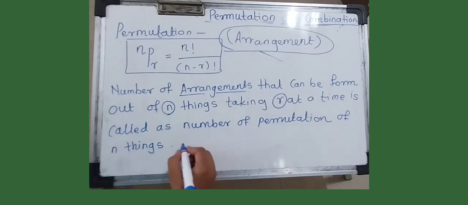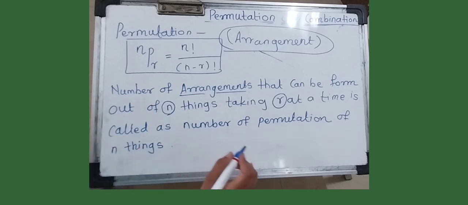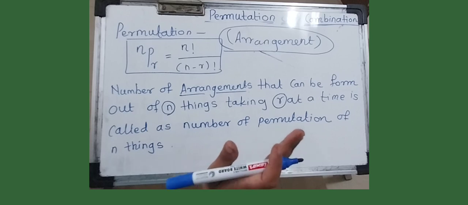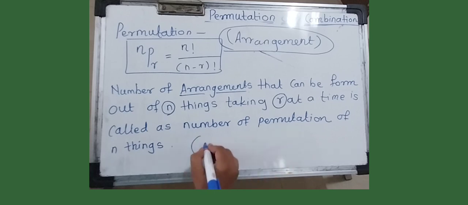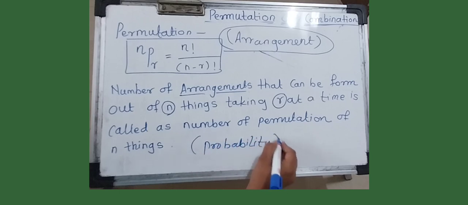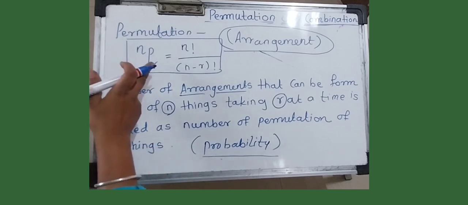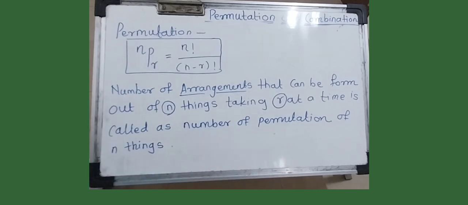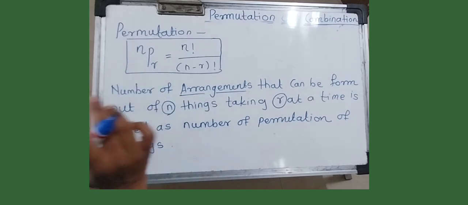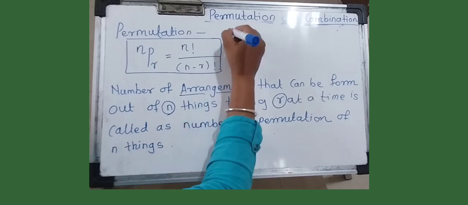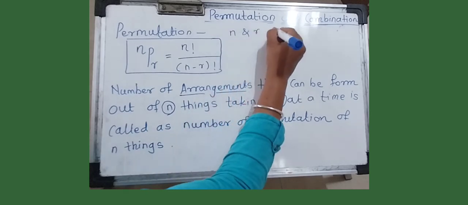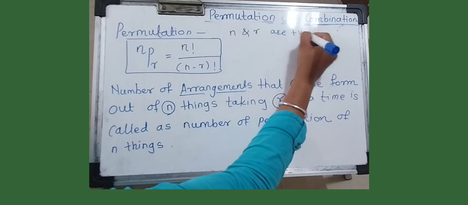Okay, see, this permutation is very, very useful for finding the probability. Okay, and in competitive exams, probability questions are always asked. So do it carefully. See, here n and r are positive integers.